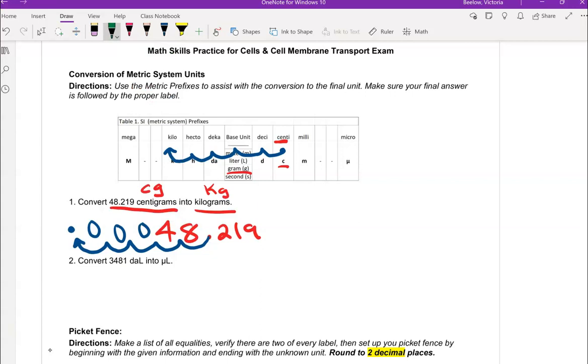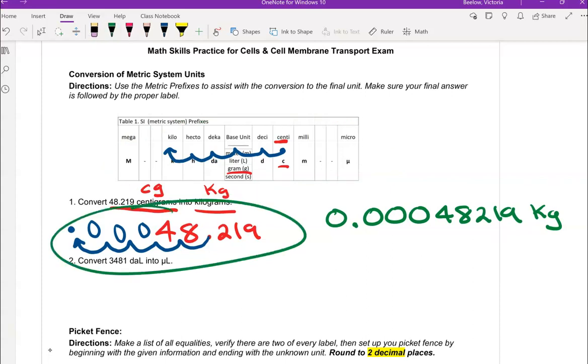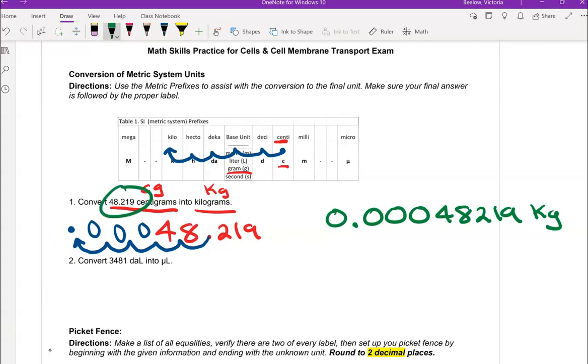So my final answer would be 0 point, I have 3 zeros here, 0, 0, 0, 48219 kg, which is kilograms. So I moved my decimal up here on the chart, and then I did the same thing with the number that I was given.